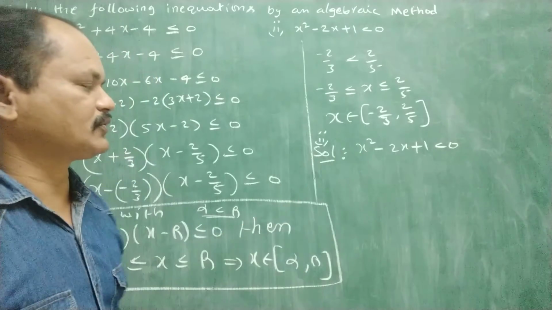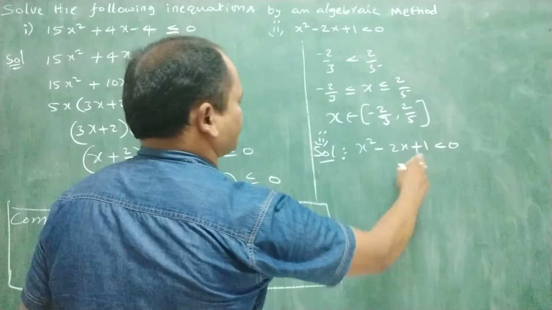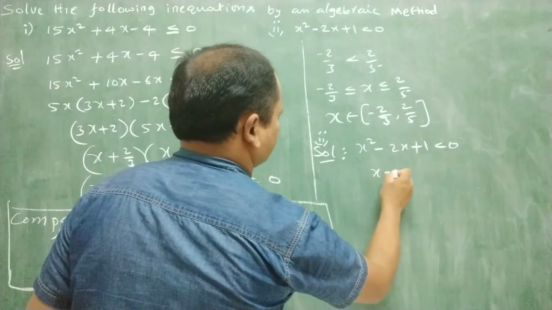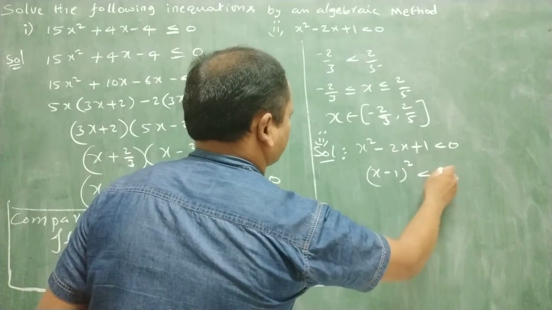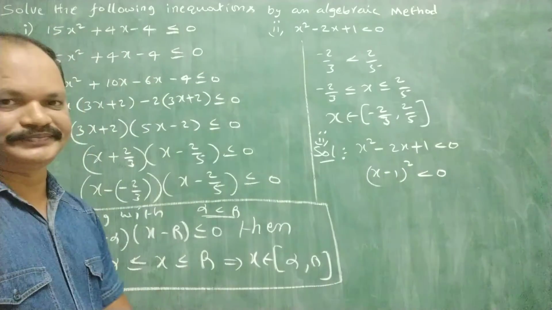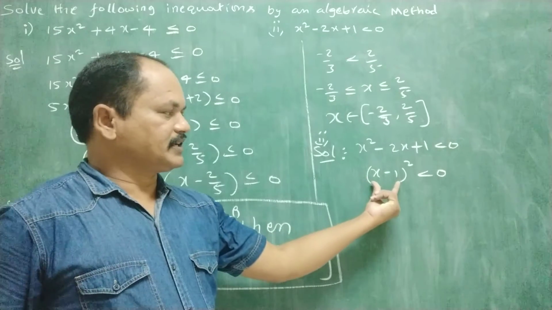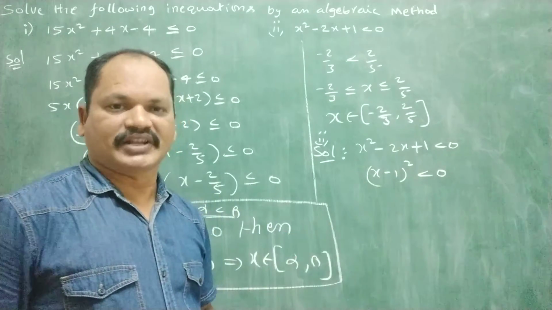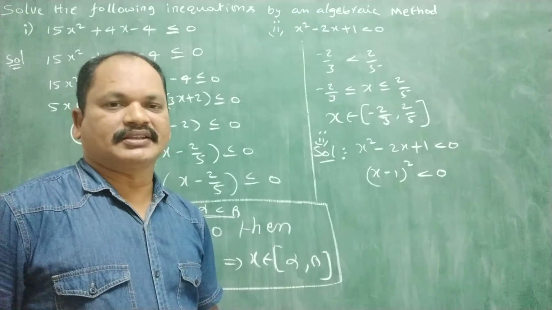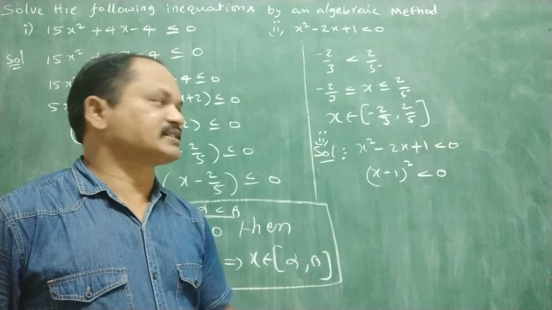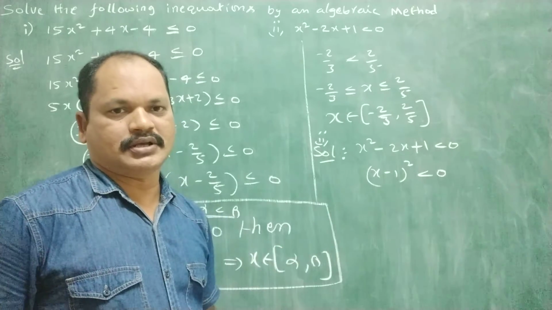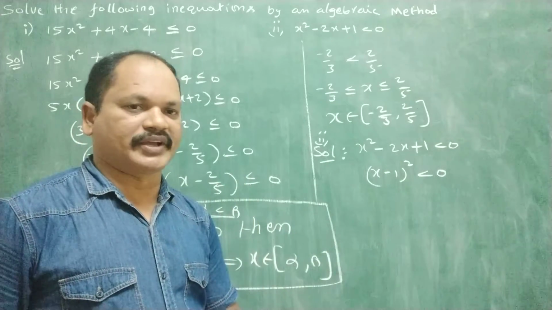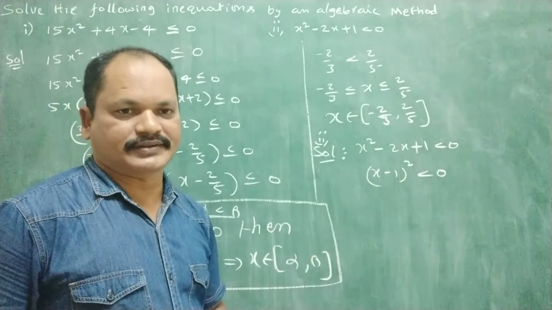That's why this is a contradiction, since this is the perfect square, x minus 1 whole square. X minus 1 whole square is positive. The LHS is positive, but the given side is negative, that's why it is a contradiction. There is no value of x that satisfies this inequation.